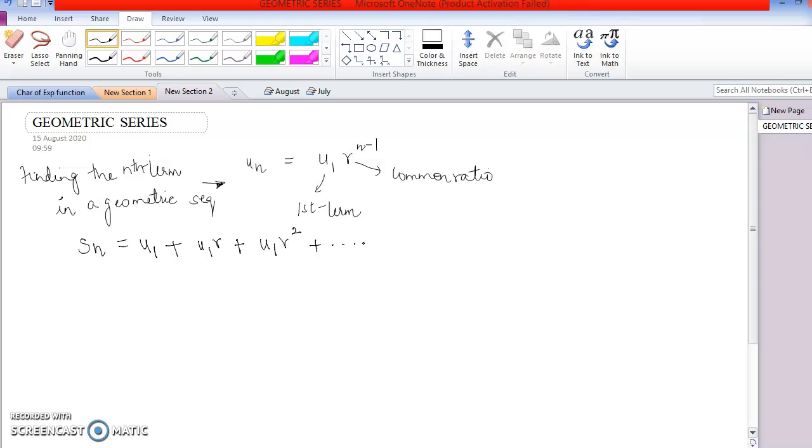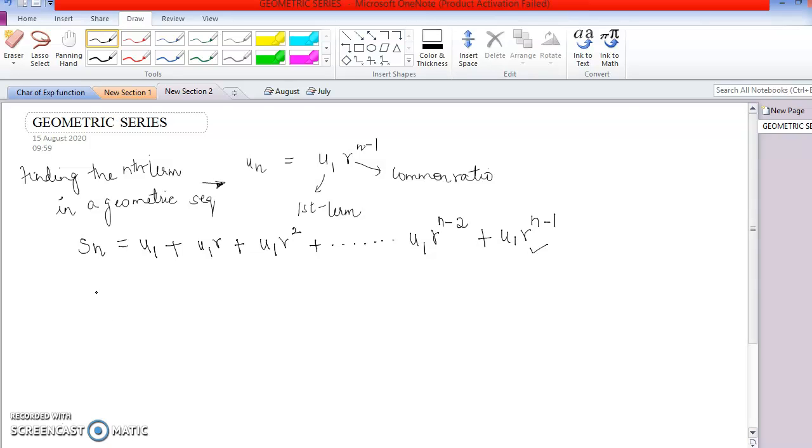Similarly, as we go on, this will continue to the point where the second last term here would be u1 r^(n-2), plus u1 r^(n-1). That's the nth term, the last term of the series.